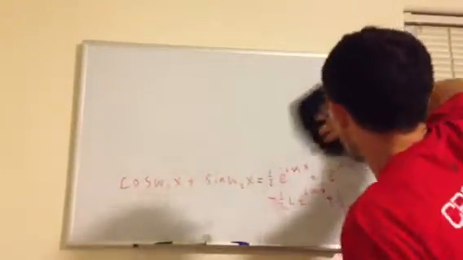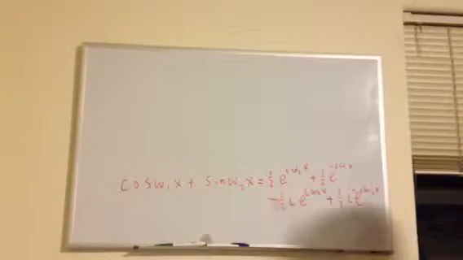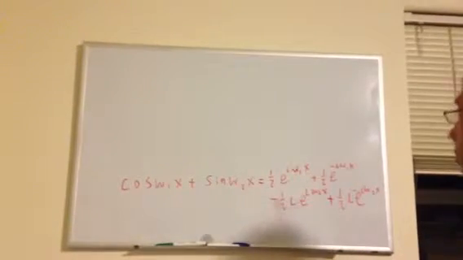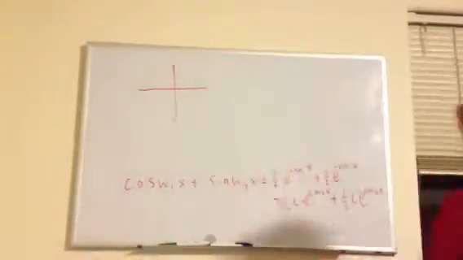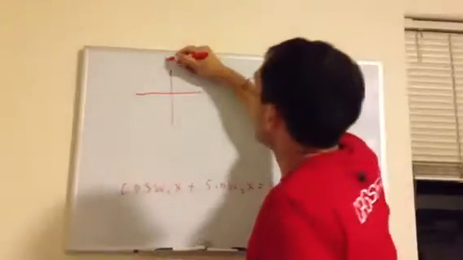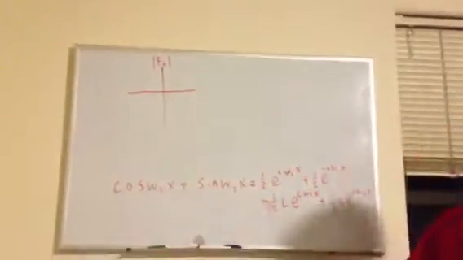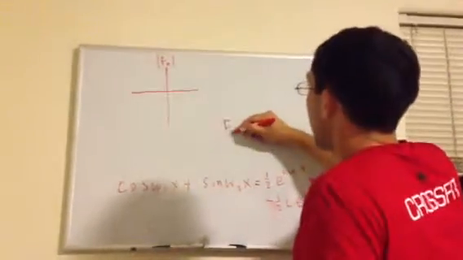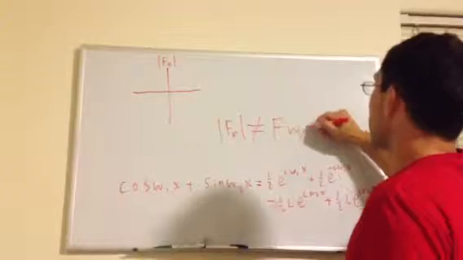Okay. So let's go ahead and actually plot now our magnitude. What is our magnitude for our amplitude spectrum? Well, it's just F_n. Key thing, F_n. I can't emphasize this enough, these are not equal.